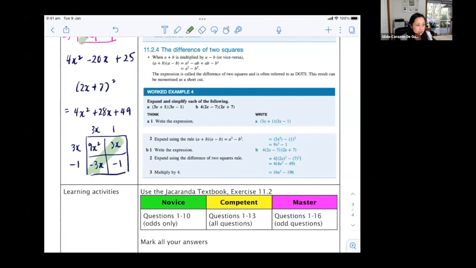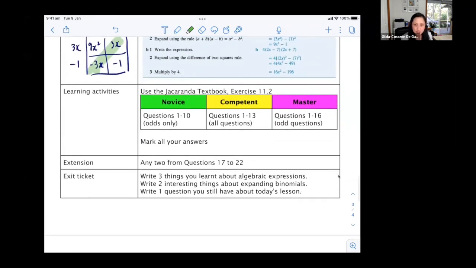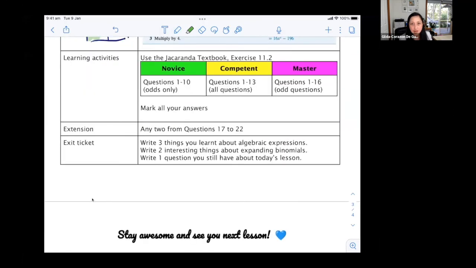And then question 10 would be similar to this example here. So always go back to your examples for you to be able to do your work, okay? And if you've got any questions, you're free to message me, okay?